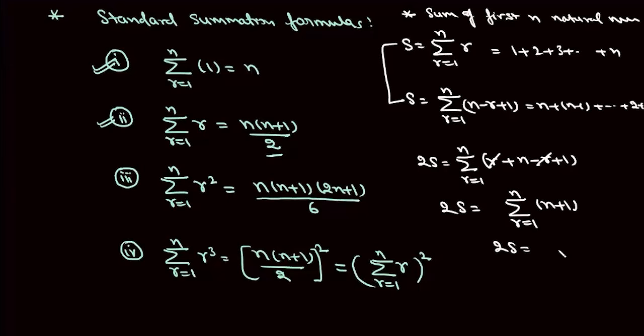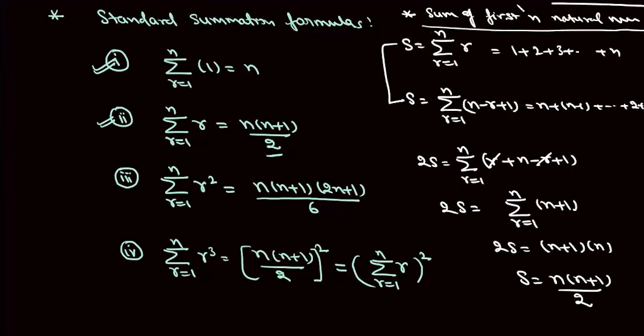So 2s will be n plus 1 into n, or this sum will be simply n into n plus 1 by 2. So the sum of first n natural numbers, that is 1 plus 2 plus 3 up to n, is given by n into n plus 1 by 2, which also gives us the result that summation r, where r varies from 1 to n, is n into n plus 1 by 2.